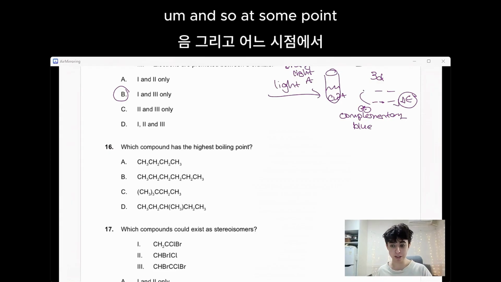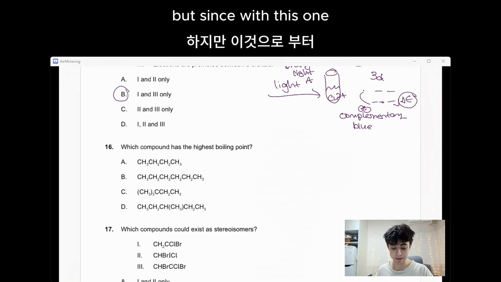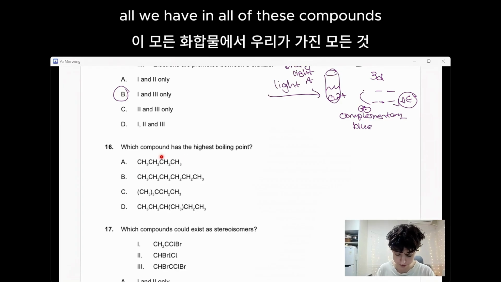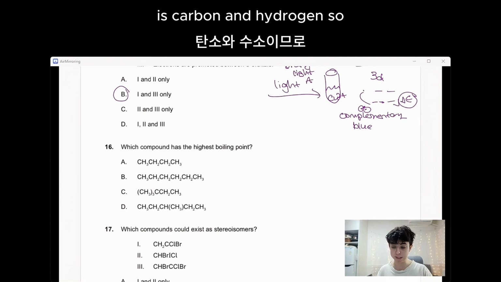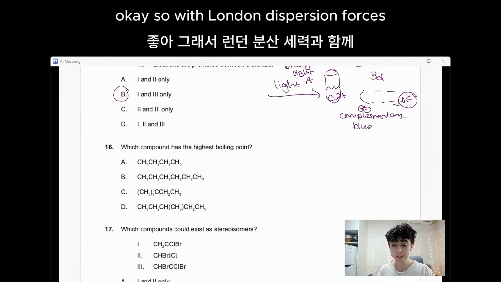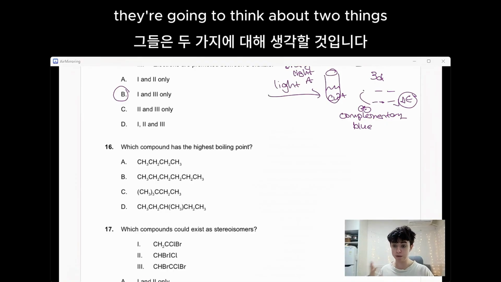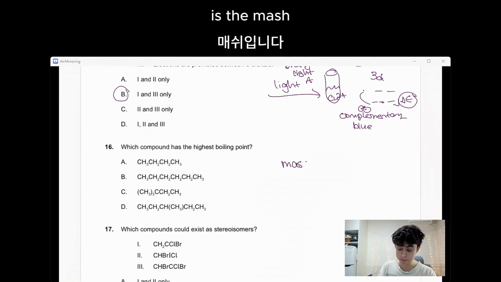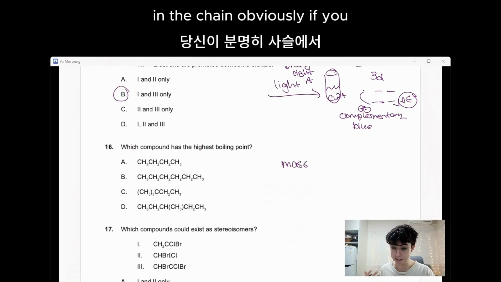At some point you may need to think about certain types, but with this one, all we have in all of these compounds is carbon and hydrogen. So we're only going to be thinking about London dispersion forces. With London dispersion forces, we think about the mass, which relies on the number of carbons in the chain.